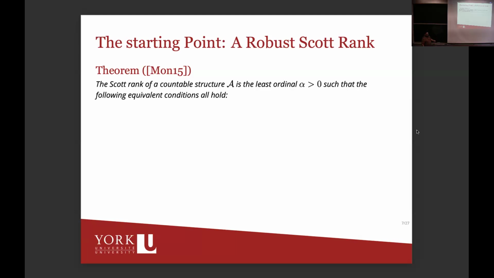a typical first order sentence, for example, says my set has exactly n elements. So there exist x1 up through xn such that for every y, all the xi's are different, and y is equal to one of them.